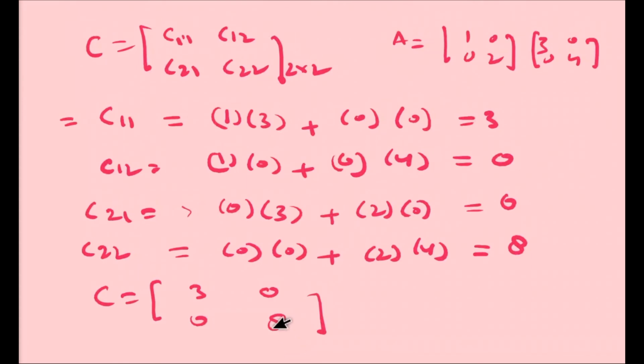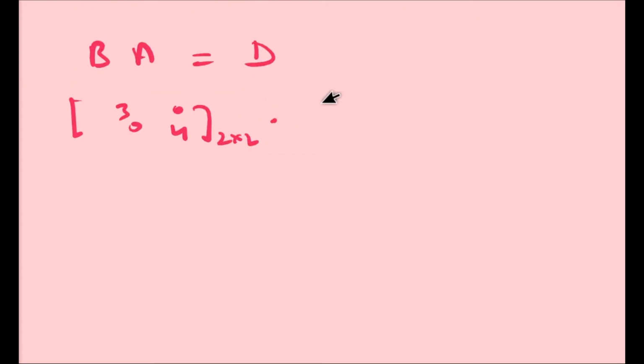So now if we multiply BA, what we get here? Let the product BA be D. Okay, B is 3, 0, 0, 4 of order 2 into 2 multiplied by 1, 0, 0, 2 of order 2 into 2.